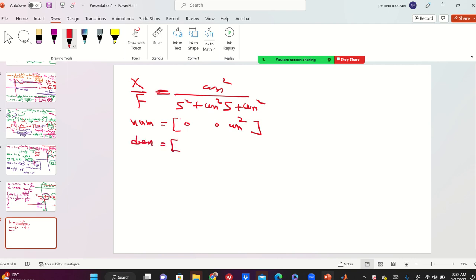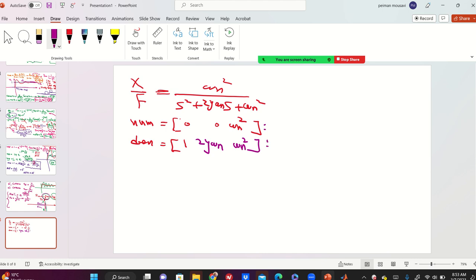Then for the unit step, your den is going to be 1, 2 zeta omega n, and omega n squared for the unit step.